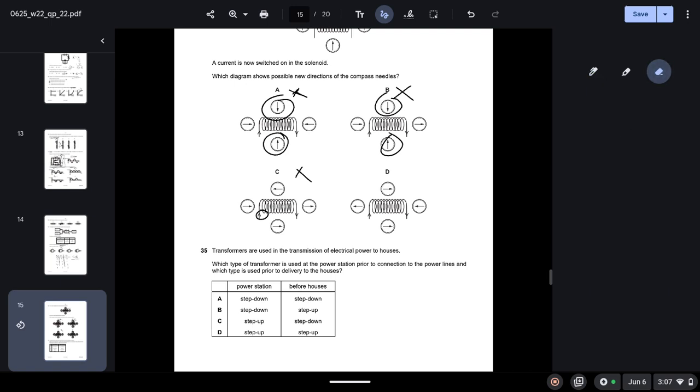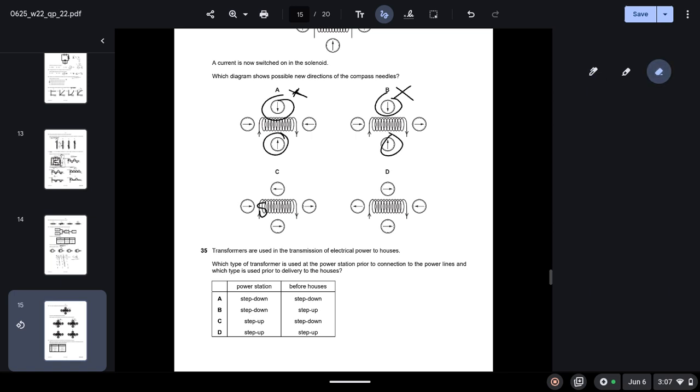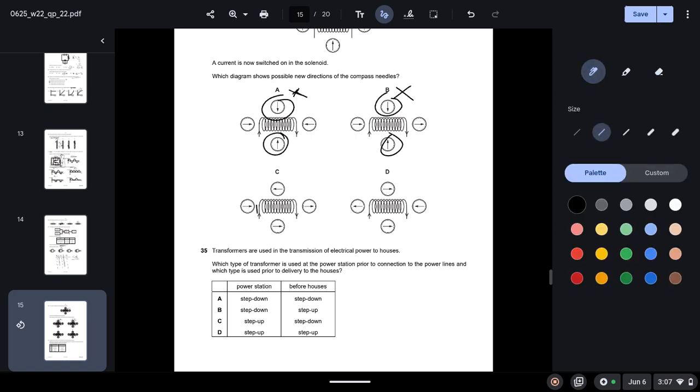So this would be your north pole, south pole, sorry. Wait a second, this would be a north pole, this would be a south pole, so it should travel like this. Inside the solenoid it travels from south to north, but outside it travels from north to south.